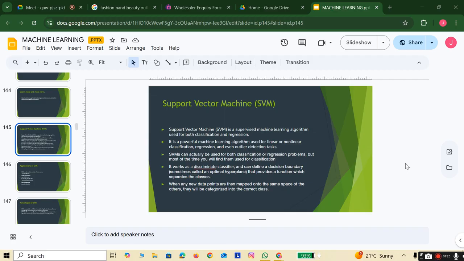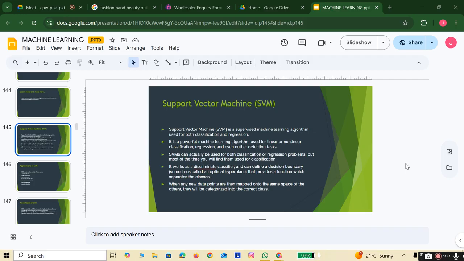Support vector machine works as a discriminative classifier and can define a decision boundary, sometimes called an optimal hyperplane, that provides a function which separates the classes. So at the basis of support vector machine is what we call a hyperplane, a straight line that separates classes.